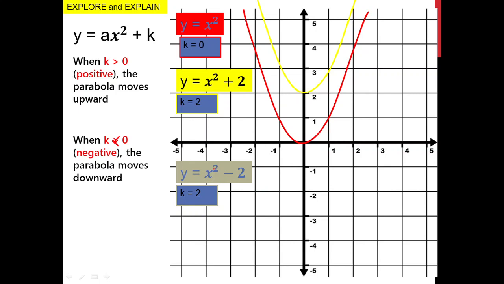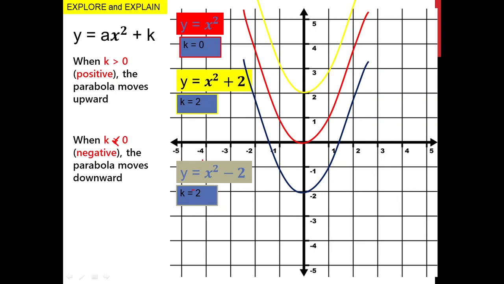Now what about in this case? y is equal to x squared minus 2, where k here is negative 2. Let's try to see the behavior of the graph when k is negative. There. So from our parent graph here, since k is negative 2, we now move 2 units downward.